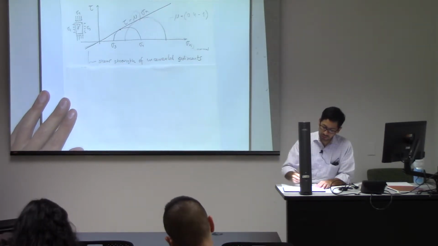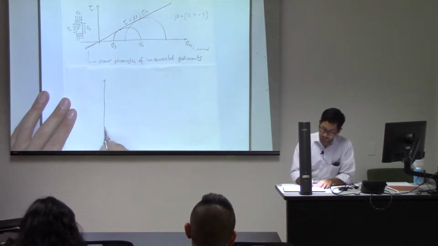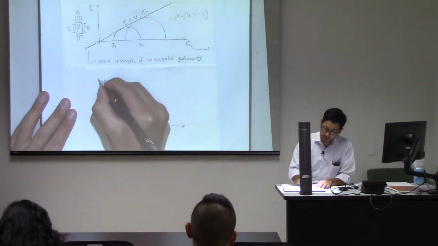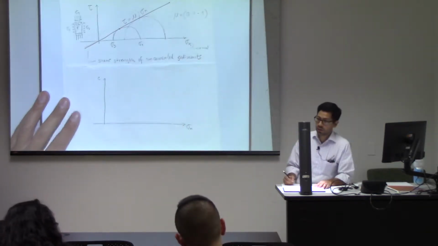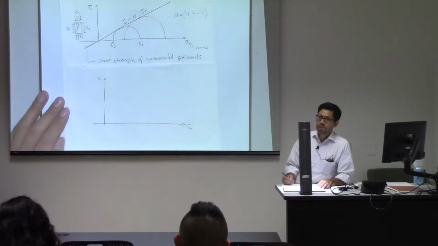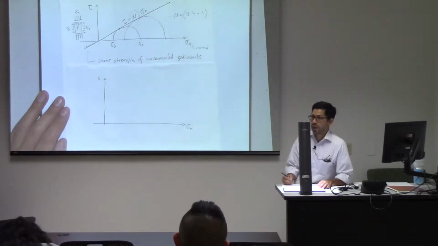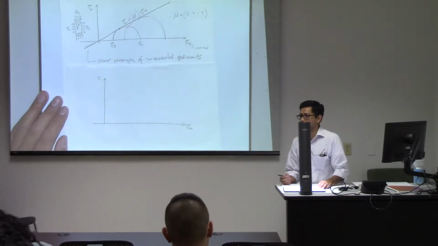If you have an axis where this is shear stress and this is normal stress, a Mohr circle is going to be a representation of all the states of stress possible for a given state of stress.